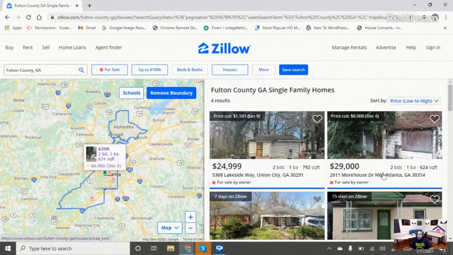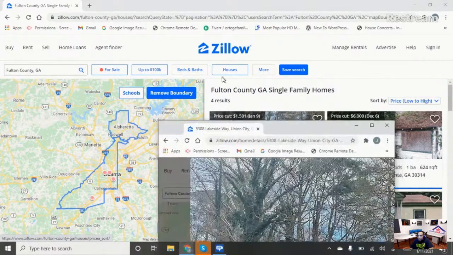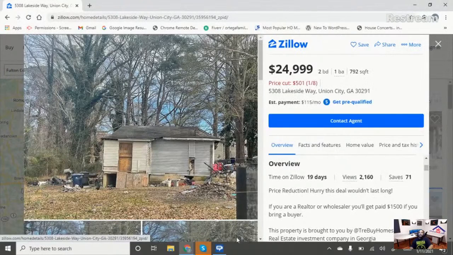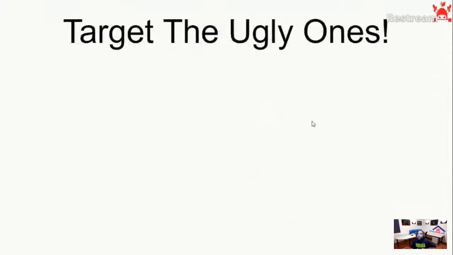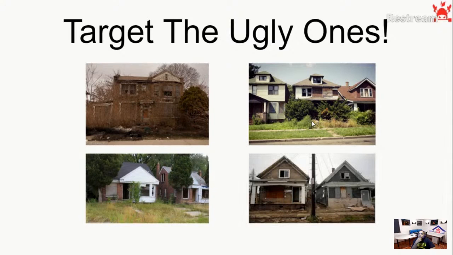Okay, so I already have these pulled up here. Well, let me look at this one, for example. That one's Lakeside. It's right here. All right, so Lakeside. Well, let me go into the next step so you can see what I look at. All right, so we're gonna again target the ugly ones. These are some examples of what the ugly ones will look like.